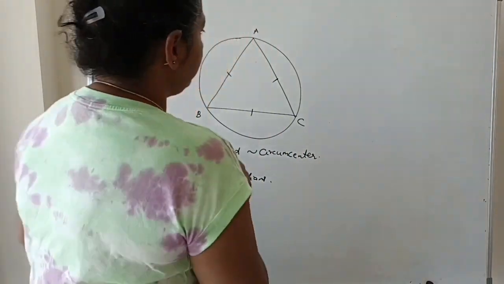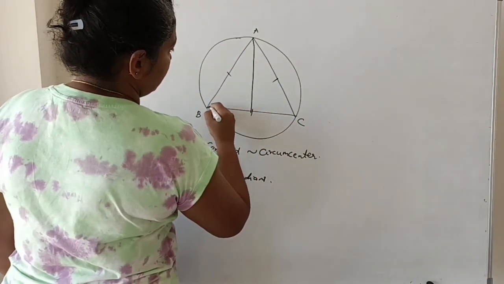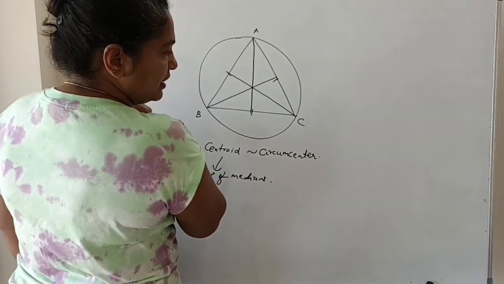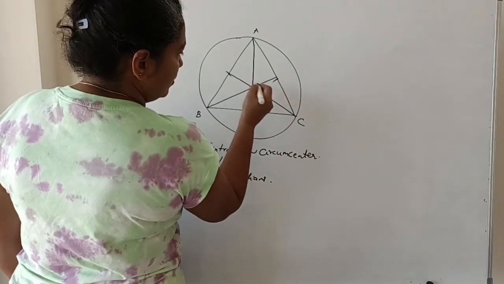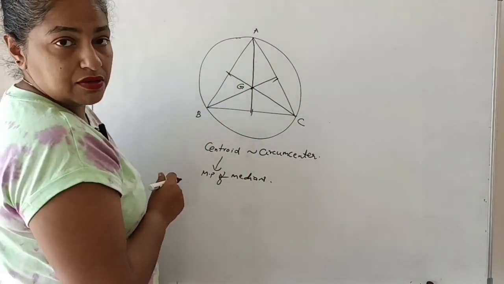So, here, if you are drawing these, they are the medians. So, this point is called the centroid. Okay.